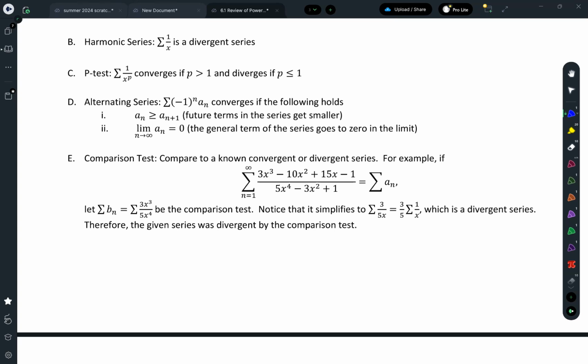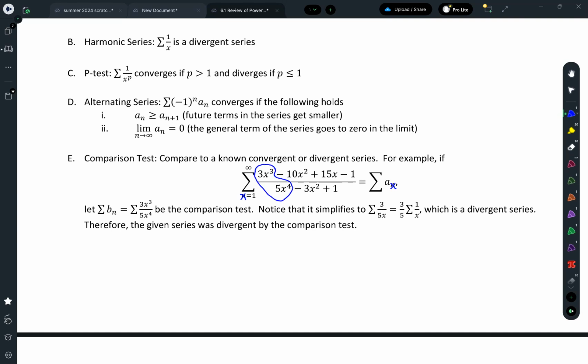For example, if I had a series of 3x cubed minus 10x squared plus 15x minus 1, all over 5x to the 4th minus 3x squared plus 1, where x was the counter, then I would compare to the highest degree term in the top over the highest degree term in the bottom.